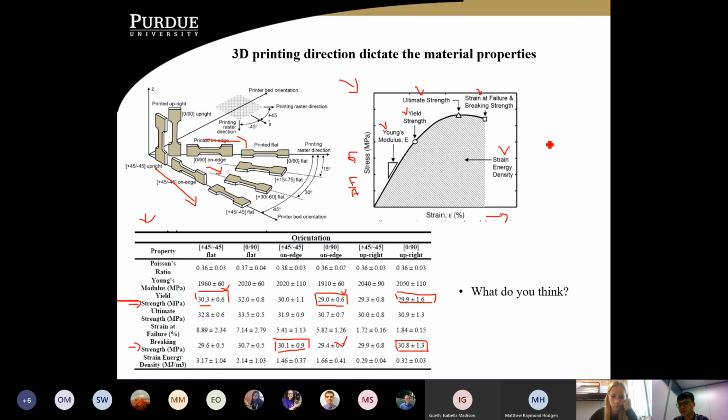There's only one number I want to point out, which is the yield strength, okay? The yield strength really matters, and a lot of people are concerned about this turning point over here. Why it matters is that this turning point is where it starts to change from elastic to plastic. So I'm going to put E over here and then P on the right hand side.